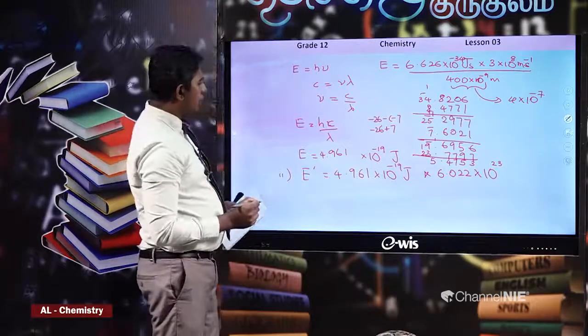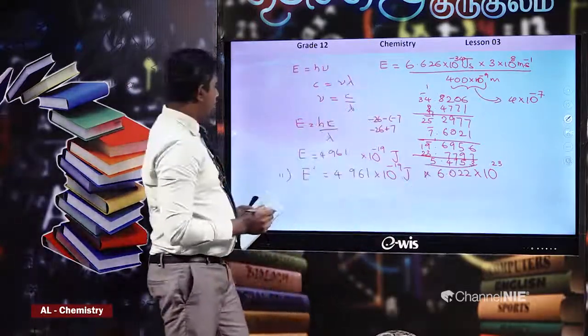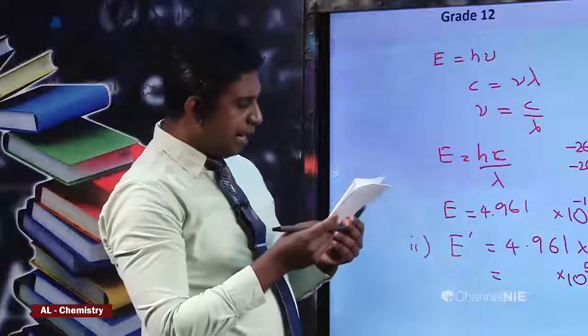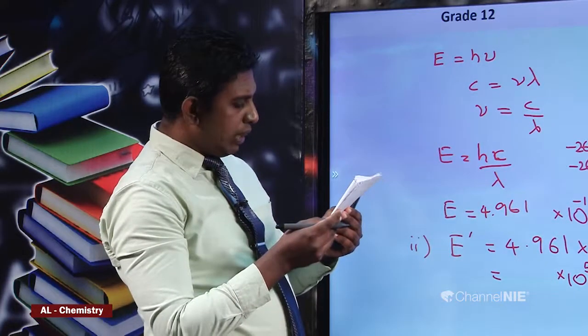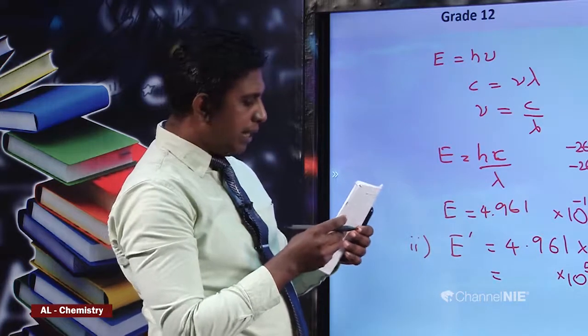Then students, the answer would be the antilog of this. So you could finally find it out as 10 to the power 5, it's in joules anyway. So it's the antilog of 4753. Let's find it out where you have 4753. 4753 could be found out there.